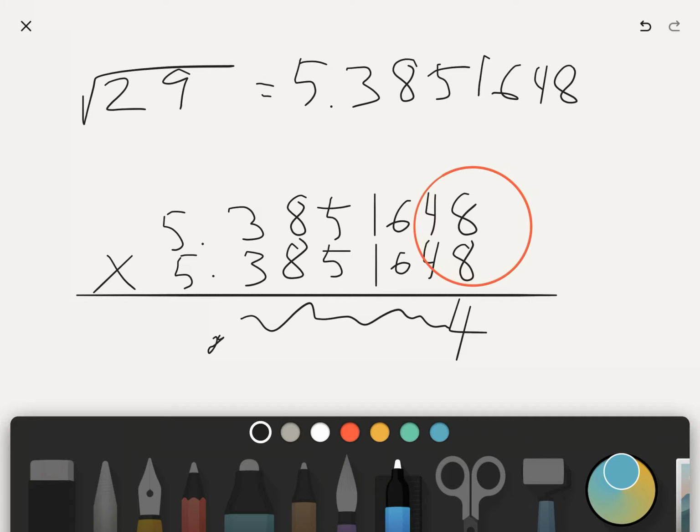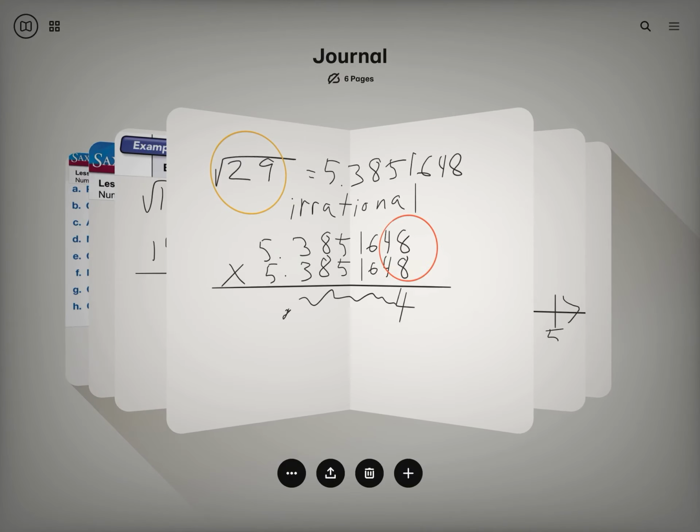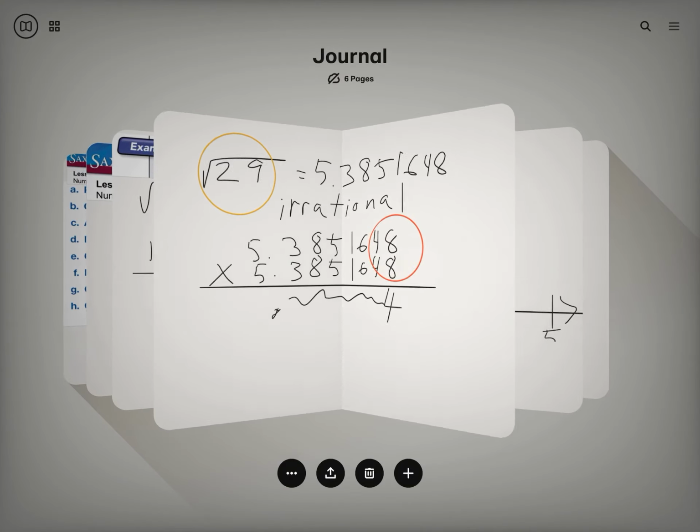So we can say that this is not just improper. This number is irrational. So therein lies the path of madness.